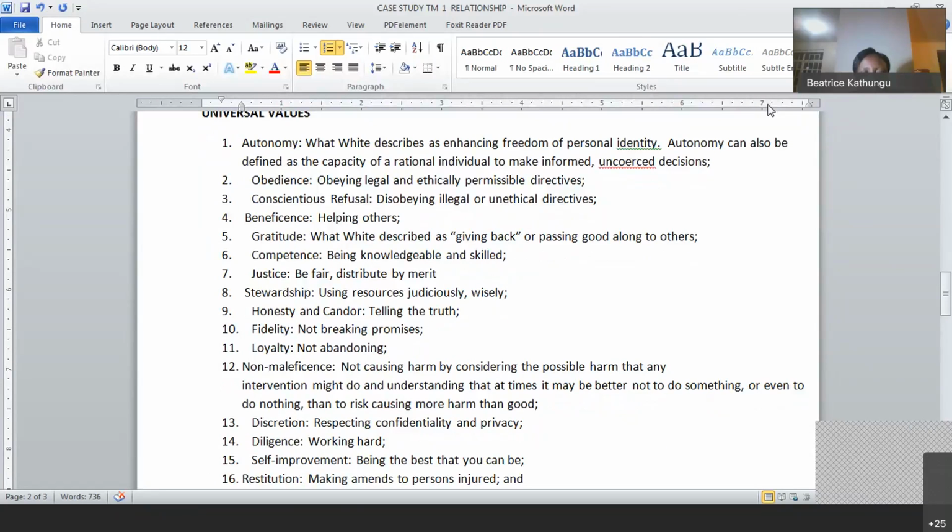I see Samuel's hand, and also Fatima's hand. I would encourage everyone else to participate. Okay, Samuel, go ahead.